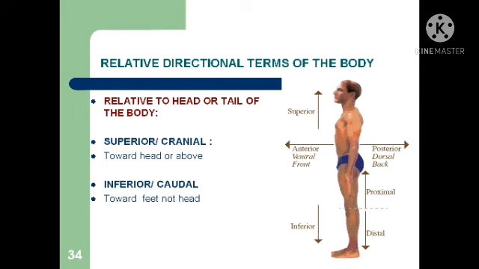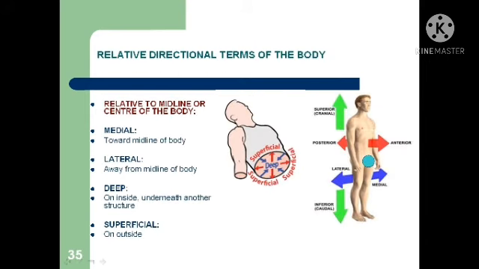Relative to the midline or center of the body: medial is toward the midline of the body, and lateral is away from the midline. Deep is inside, underneath other structures, and superficial is away from the deep, toward the surface of the body.